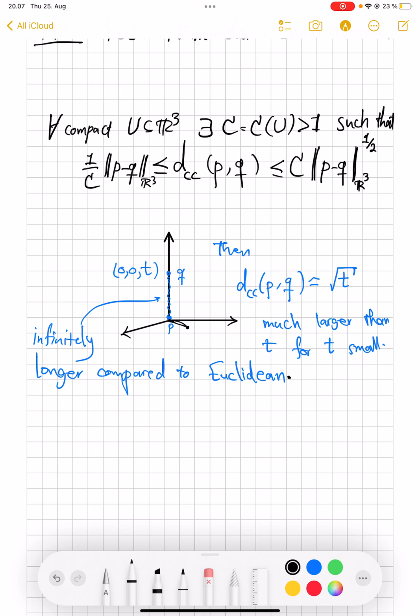There are nice pictures here and there of the geodesics, or shortest curves, in this Carnot metric, and the result we know is that the geodesic, the shortest curve that joins P to Q, number one, is not unique, there are many of them. Secondly, they are curves like this.